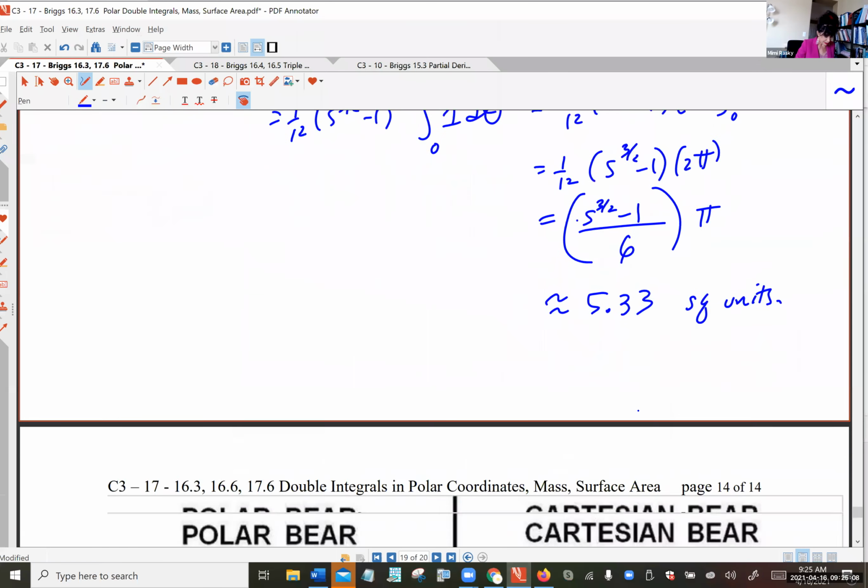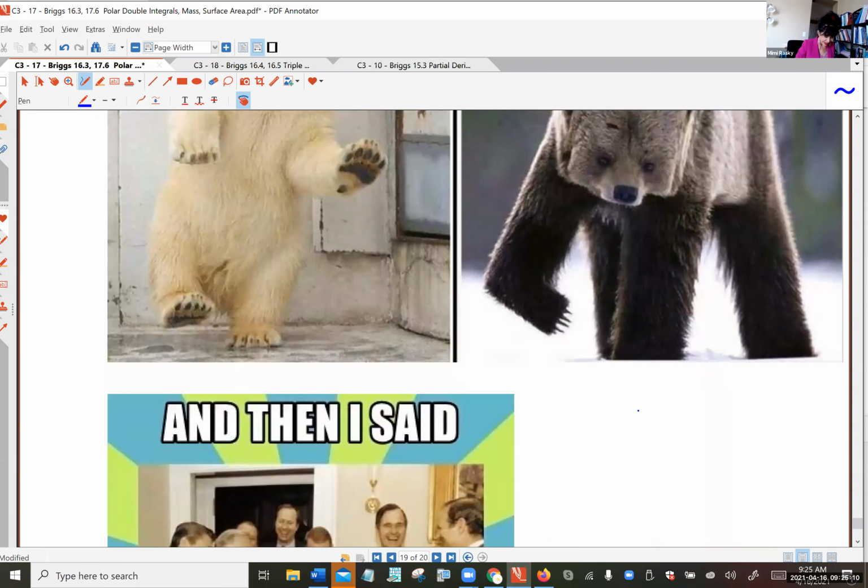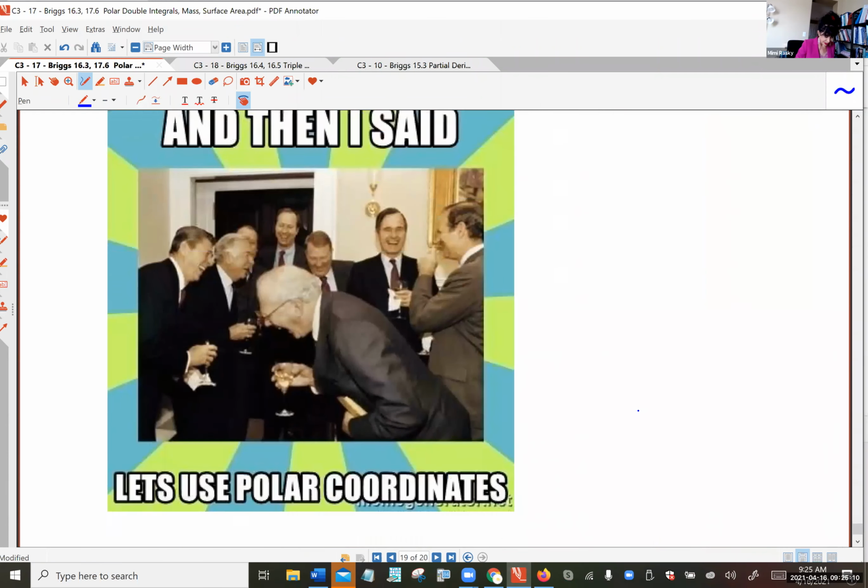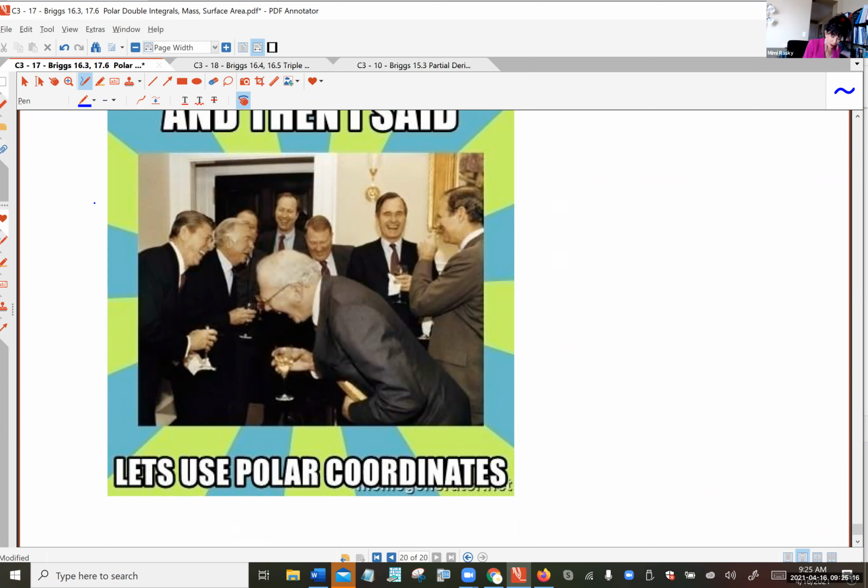So what I'm going to need to do is, oh, and then I said, let's use polar coordinates. So what is my z? What is my f(x,y)? Because it doesn't seem like they gave it to me. They gave me the sphere, and we are finding the North Pole of the sphere surface area and the South Pole. So you're going to need to solve for z. And so you'll square root, and don't forget your plus or minus.